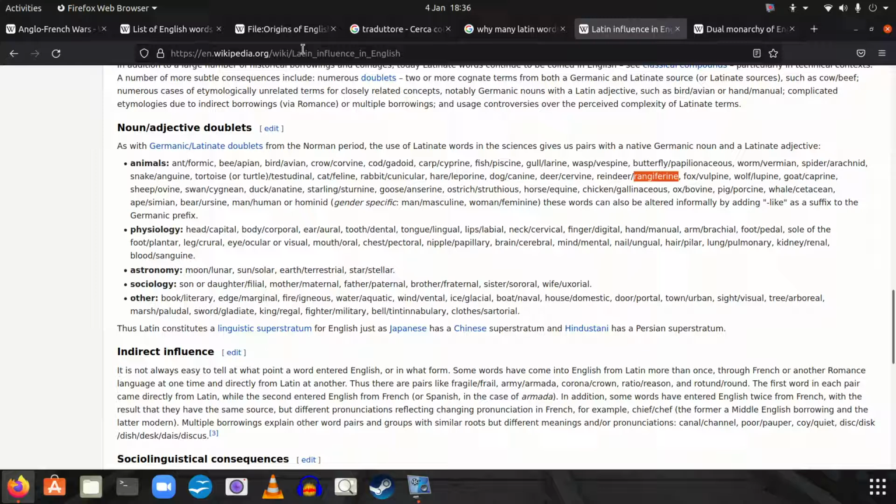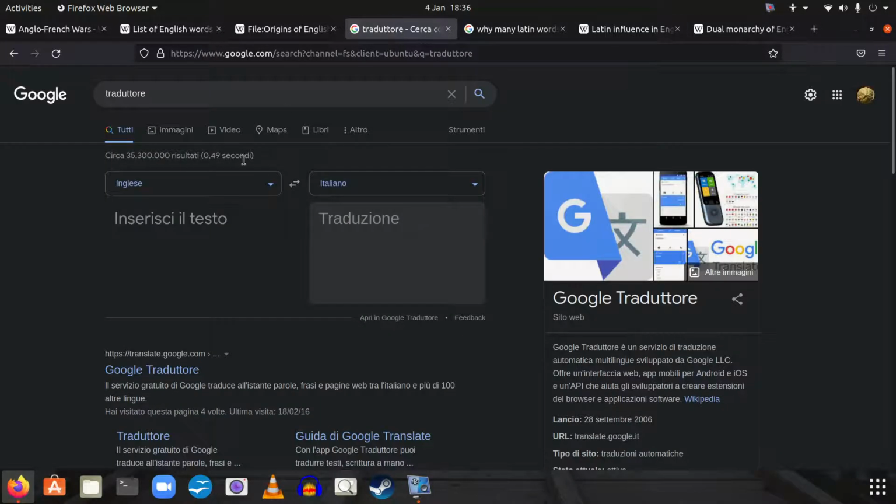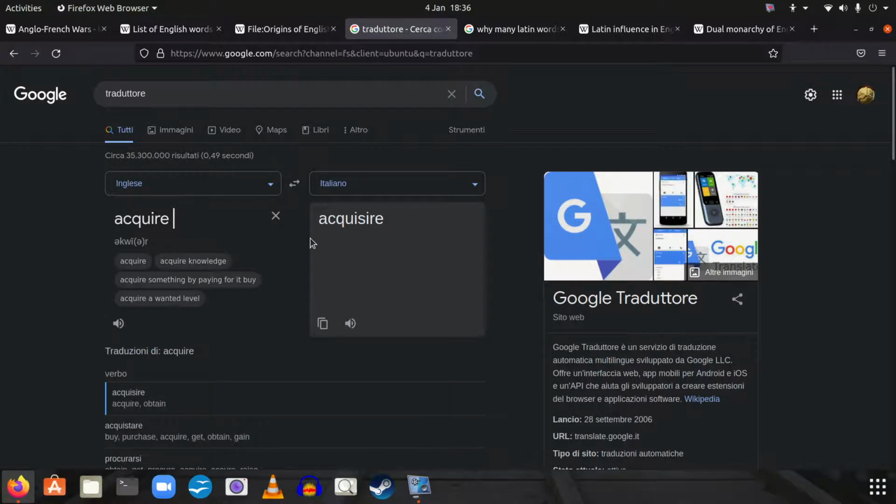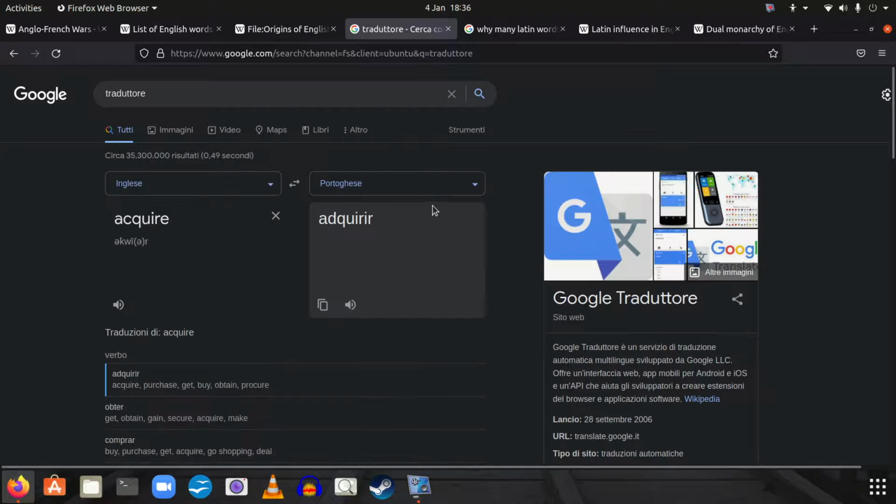Okay, now some examples, and the short lesson is done. For example, when in English we say to acquire, in Italian language it is acquisire. To acquire means to obtain something. Let's see the Portuguese.